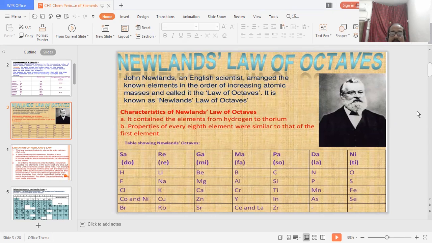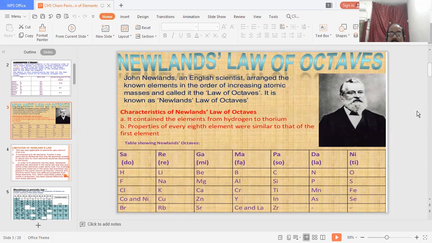Now today we discuss Newlands' law of octaves. John Newlands, an English scientist, arranged the known elements in the order of increasing atomic masses and called it the law of octaves. It is known as Newlands' law of octaves. The law depends on the increasing order of atomic masses.